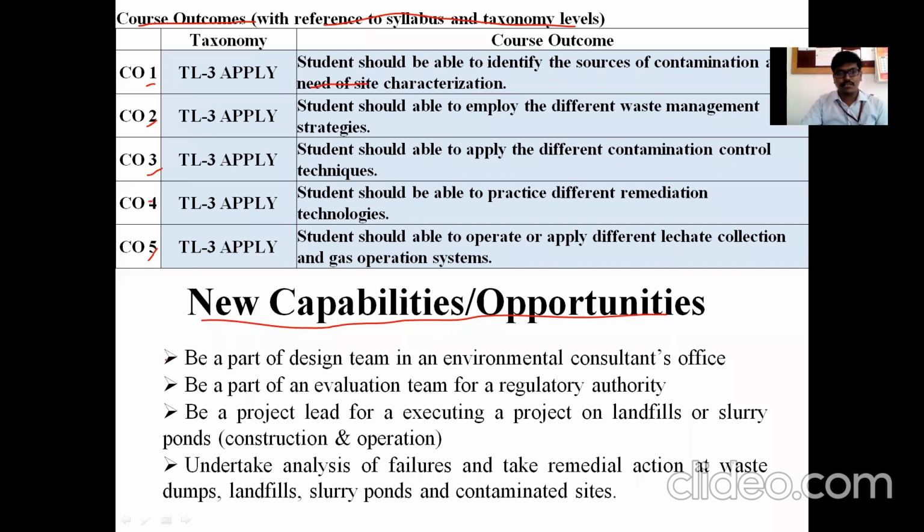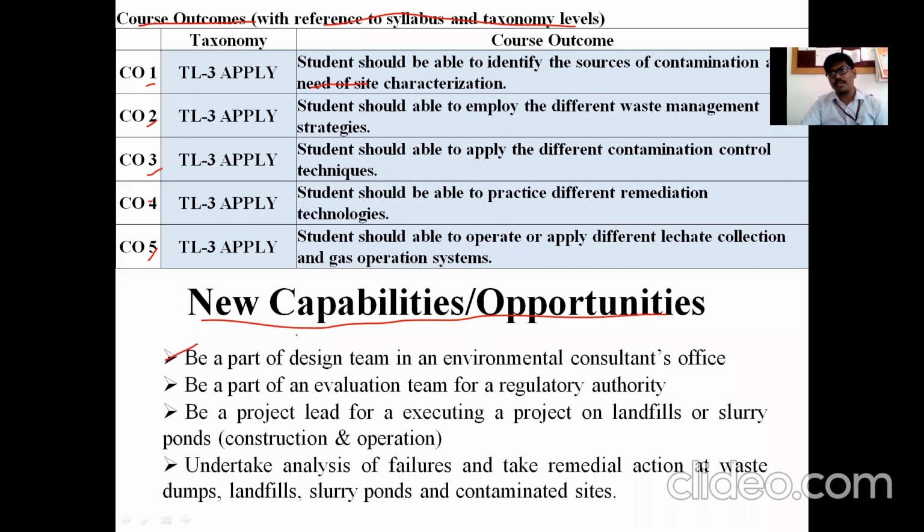The first point is to be a part of a design team in any environmental consultant's office. In any consultant's office a separate design team will be there, and whatever you have learned in this course can be applied there.